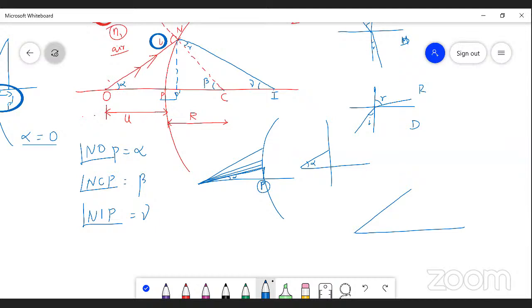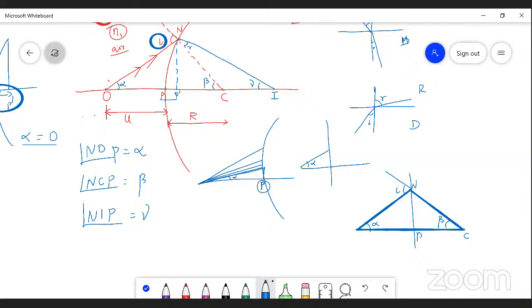This is the incident ray. This is the normal, the end point. This is P. This is the angle of incidence. This is alpha, and this is point C. This is beta. So I want to calculate this angle of incidence.